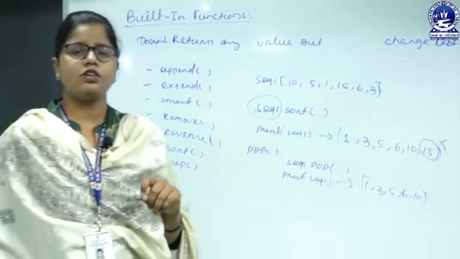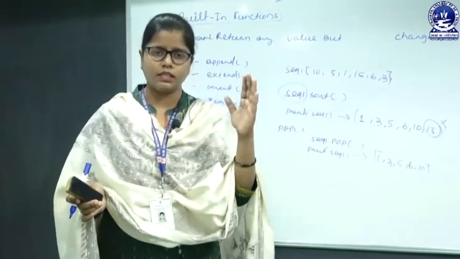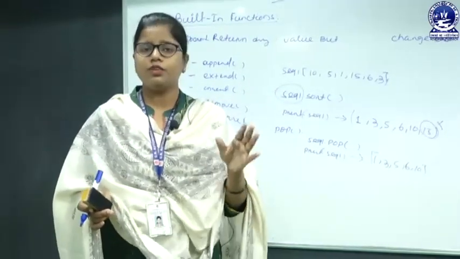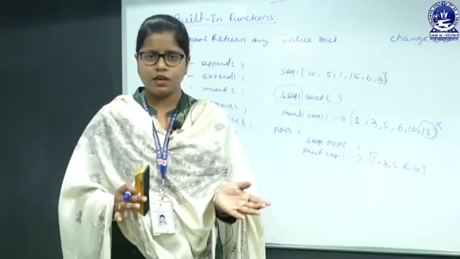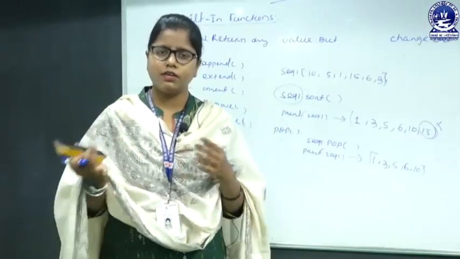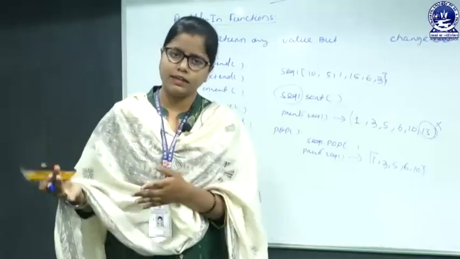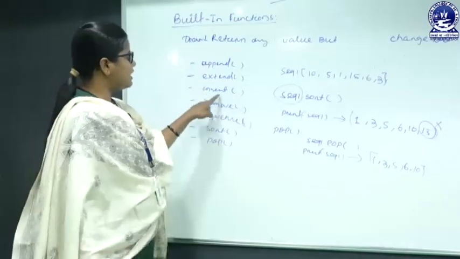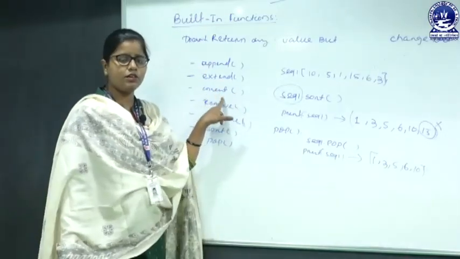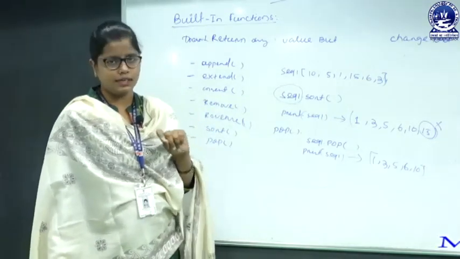The extend function will append or insert multiple values, but at the end of the list. When we want to insert some values at any index, maybe at the 0 index, maybe at the 5th index, maybe at the 10th index, maybe at the last index, for that we have the function insert. By using the insert function, we can insert any element at any index.